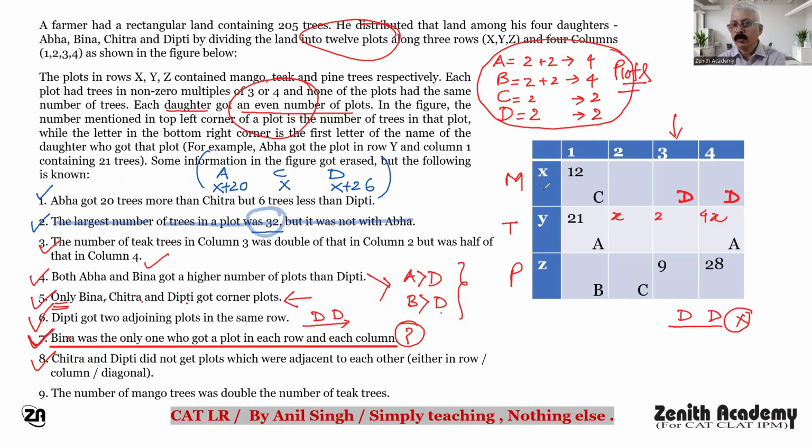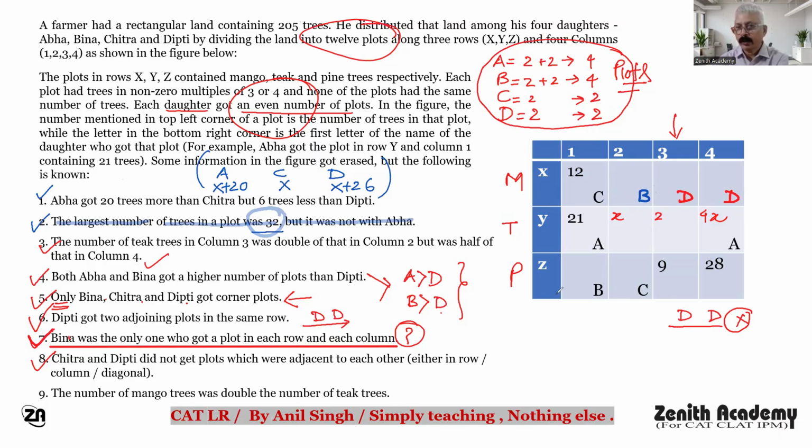What about row X? In row X, only this plot is left, and the condition is that Bina is present in each row. So the possibility is only B. So now Bina's plot is in the second column and first row.